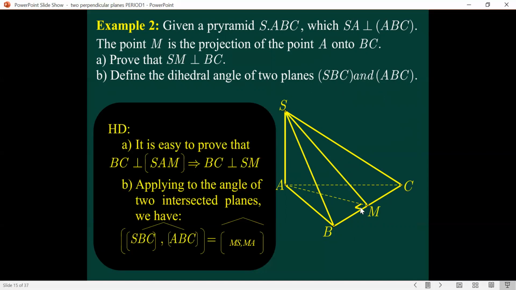Because SM belongs to plane SBC and SM is perpendicular to BC, and AM belongs to plane ABC and AM is perpendicular to BC, and BC is the common line of the two planes, the angle between them equals the angle between SM and AM. Okay?